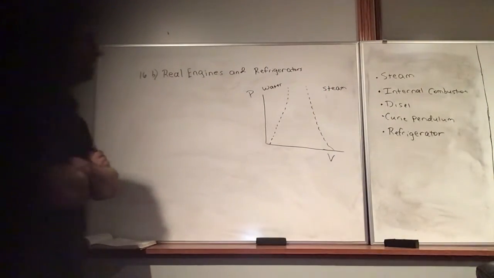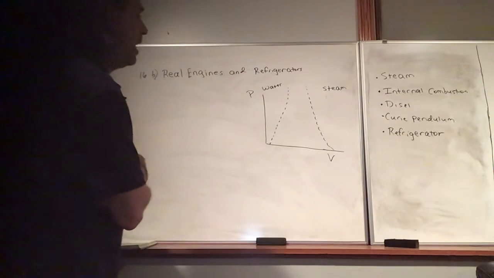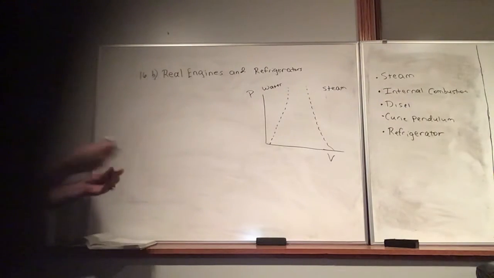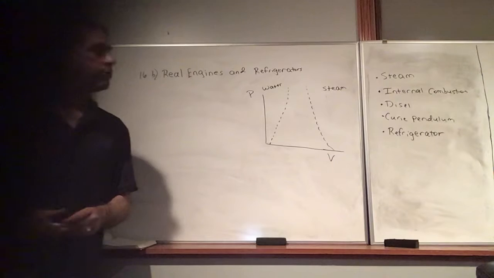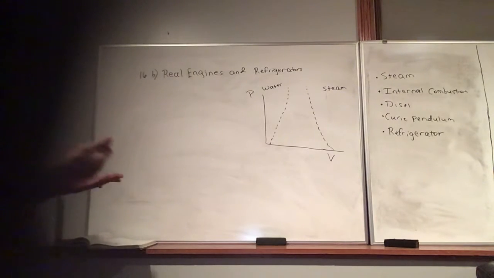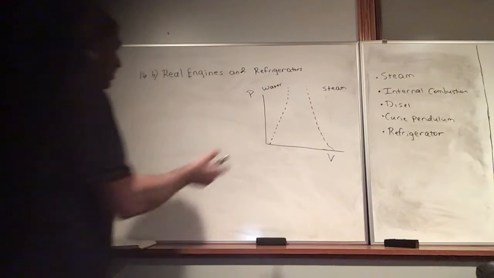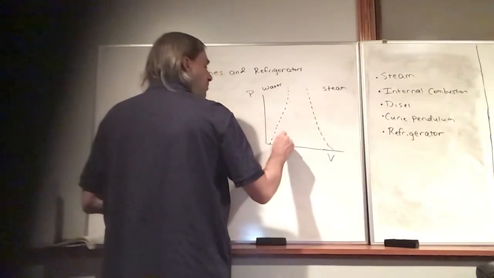So again, when we're going to have this phase change depends on the temperature and also the pressure. So these dashed lines, and in between, in this region, we have water plus steam.